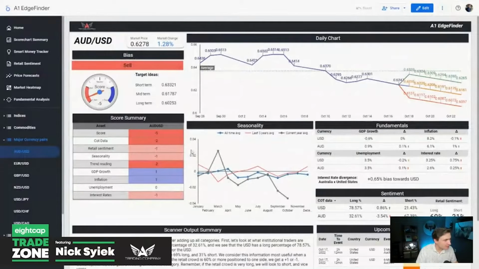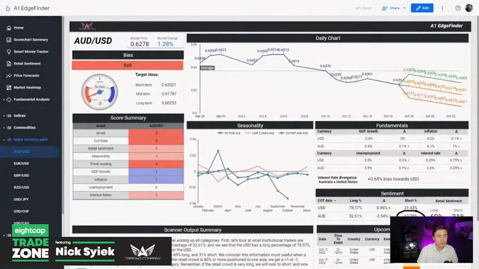So AUDUSD, let's see. If we're taking a look at this pair, what we see is -5 overall. We get the commitment of traders data, which tells us, okay, the Aussie, look at this. The Australian dollar in terms of COT data is very much on the short side of things. 67% short.